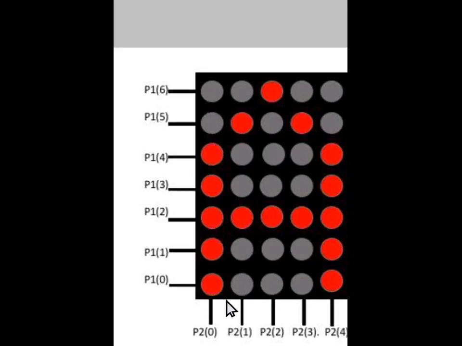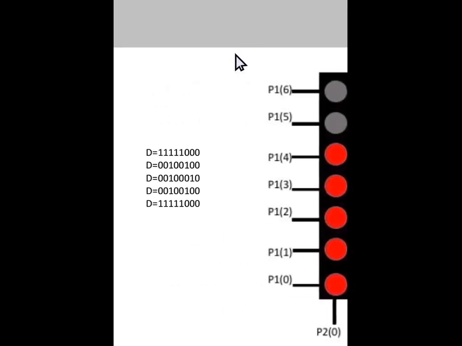So you have to complete it, add a 0 to make it 8 bits. This one is 0 0 1 0 0 1 0 0. You see it just like that. So let's look at our information here. Like the first one, 1 1 1 1 1 0 0 0, which is this.